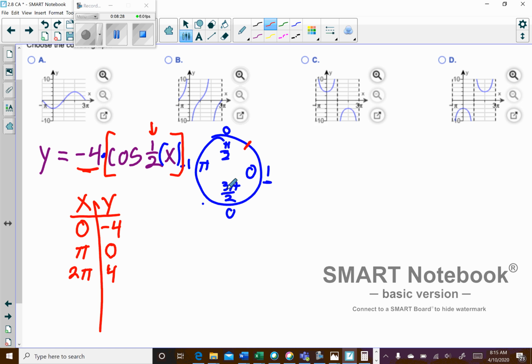So just remember, you're basically plugging in the reciprocal of this. You're going to plug in twice. So instead of 3 pi over 2, I'm going to plug in 6 pi over 2, which is 3 pi, simplified. And so when I plug in 3 pi, it gets cut in half, which turns into this. I get a 0. 0 times -4 is 0.